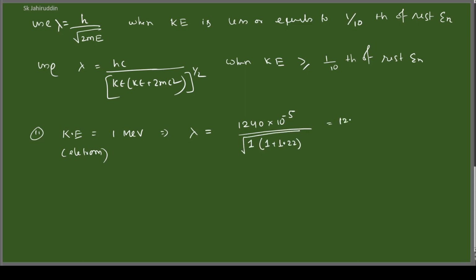So it is 1240 by square root of, not 1, this is 2.22, square root, into 10 to the power minus 5 Angstrom. That could be done. So if KE is 100 MeV, that lambda will be 1240.